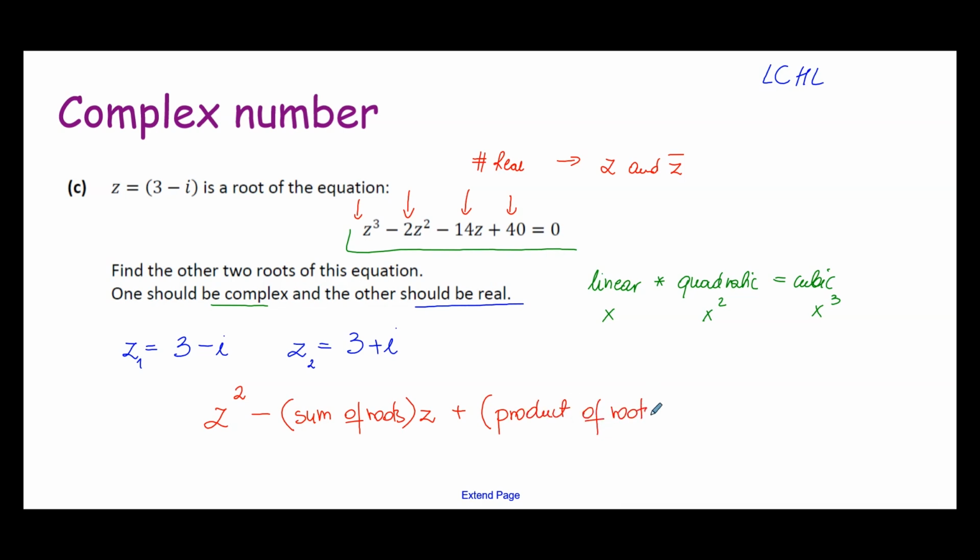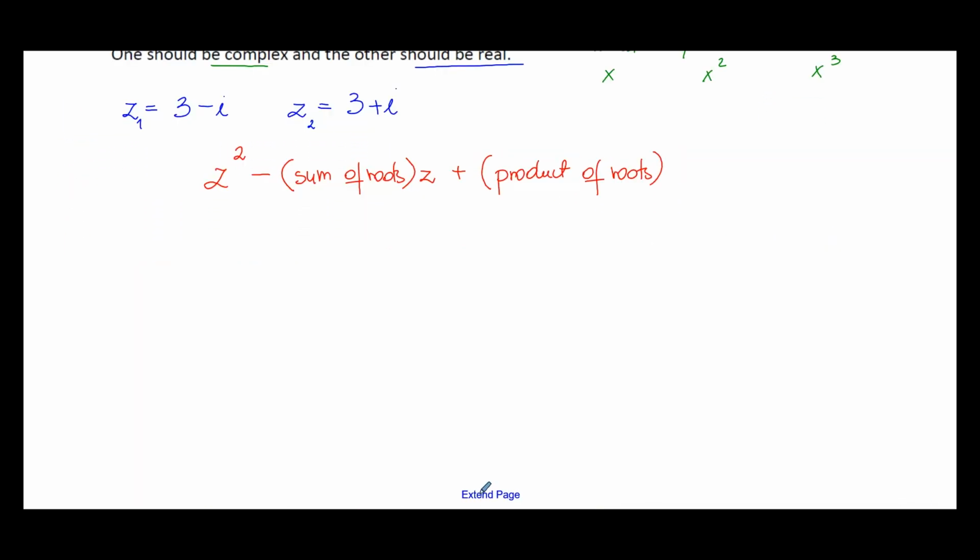Using that knowledge, I can identify my quadratic factor. The sum of the roots will be 3 minus i plus the second root, 3 plus i. The i's cancel out, 3 and 3 is 6.